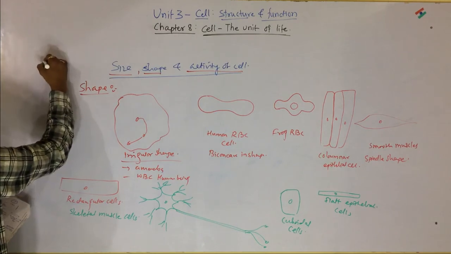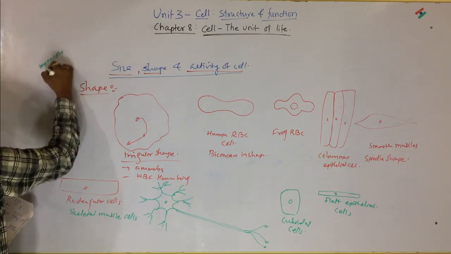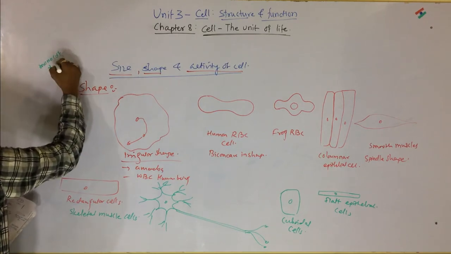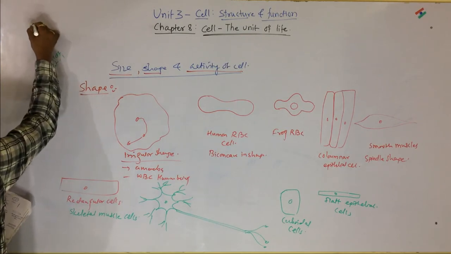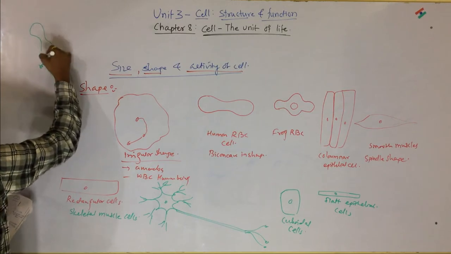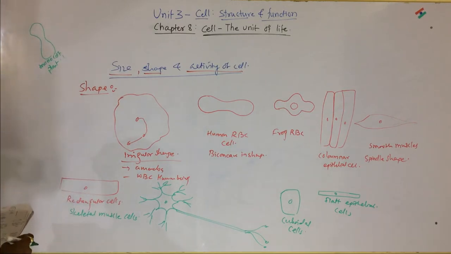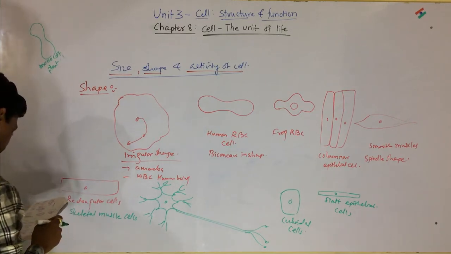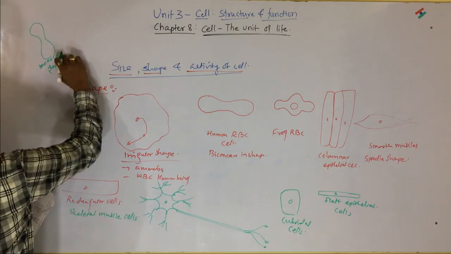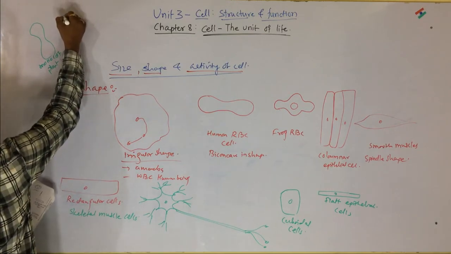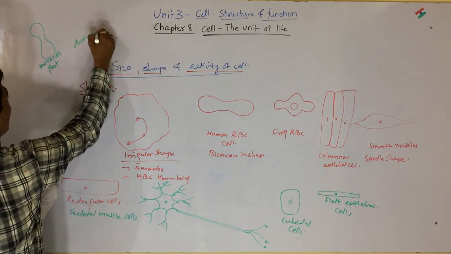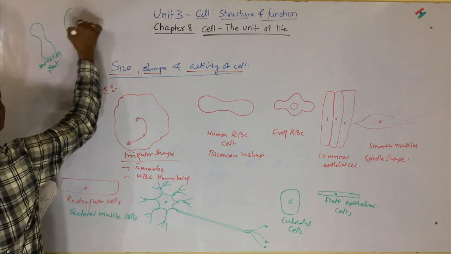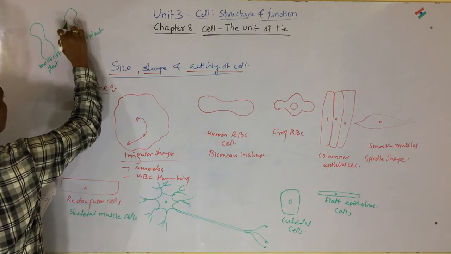In monocot plants the guard cell is dumbbell shaped, while in dicot plants the guard cells are kidney shaped or bean shaped.